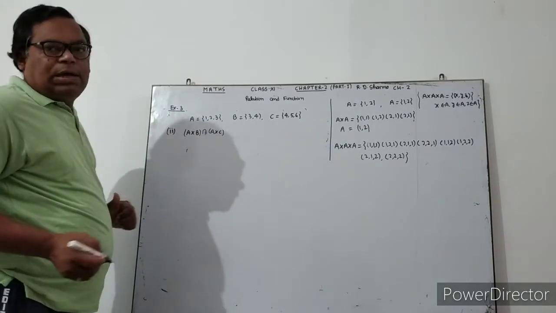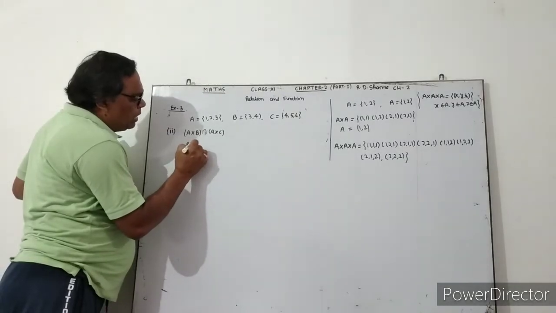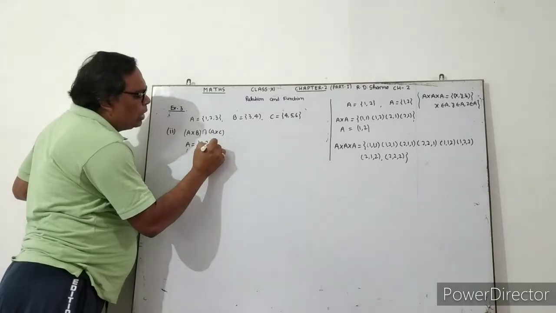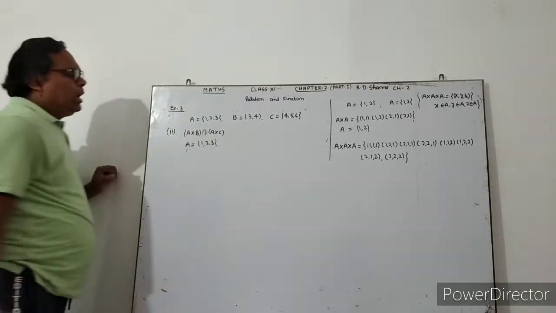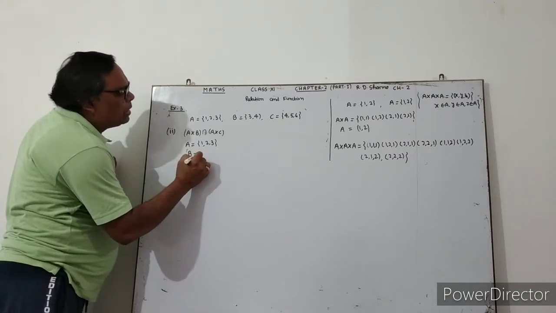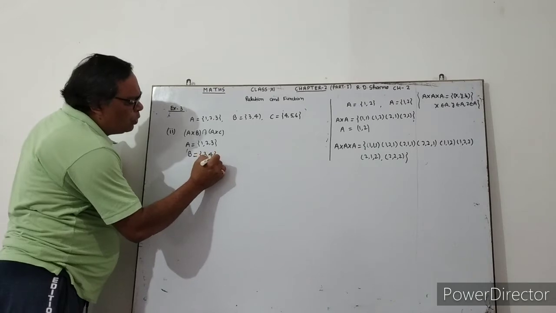First you find the A cross B. What is A? A is 1, 2 and 3. And what is B? B is 3, 4.